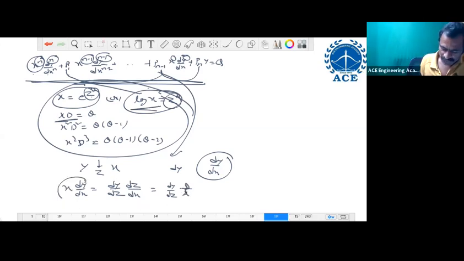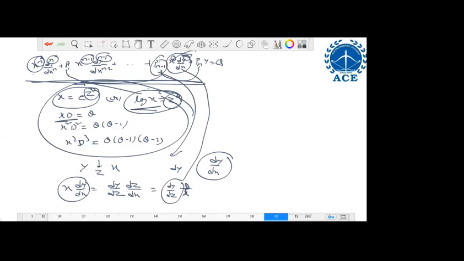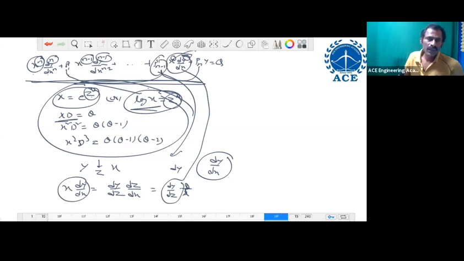So in place of x dy/dx, we write dy/dz, and this variable is eliminated. We get only constant coefficients. In short, we write xD = theta, because we use capital D for d/dx, and in the same way for d/dz we use theta.